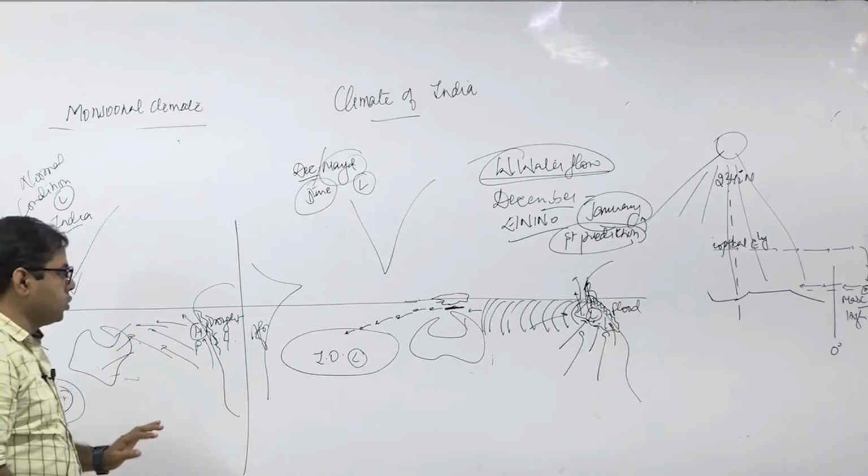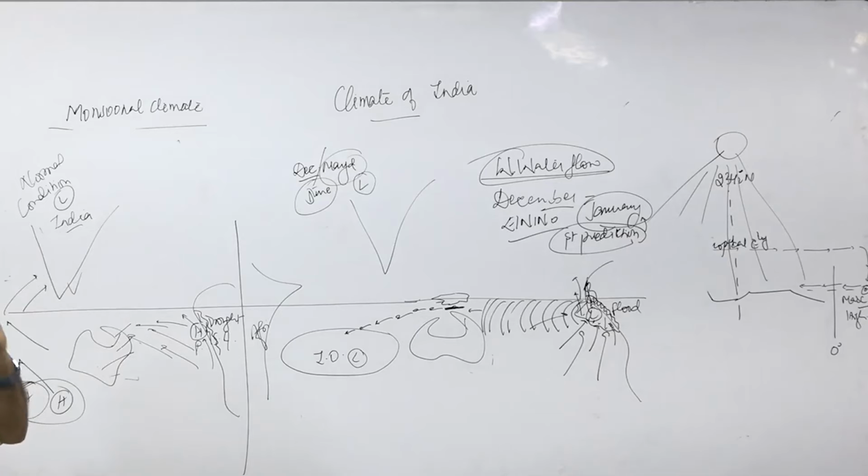What is the source of the Indian monsoon? What is the source of the Indian monsoon? This high pressure center only. Monsoon wind moves towards the equator as southeast wind and then turns to the southwest. So, this is the source of the monsoon wind when it is high pressure, right.